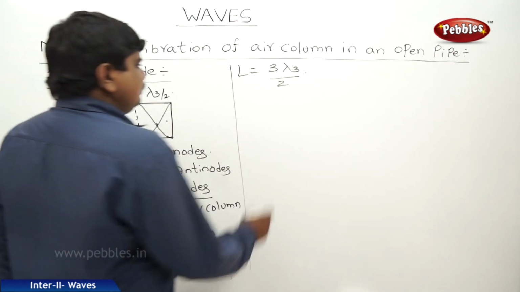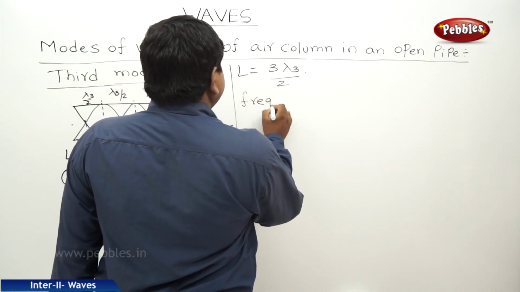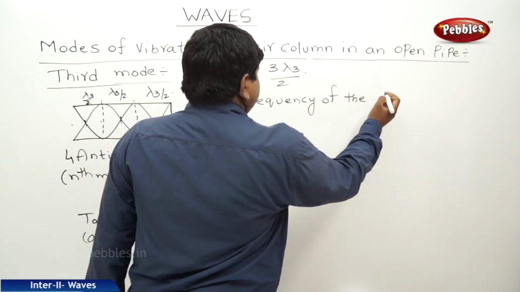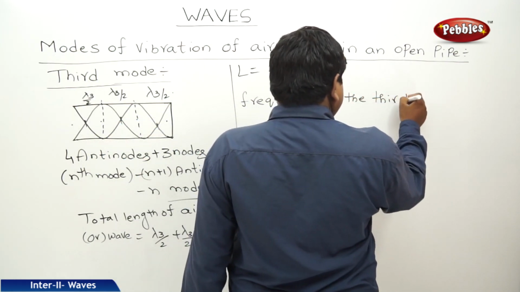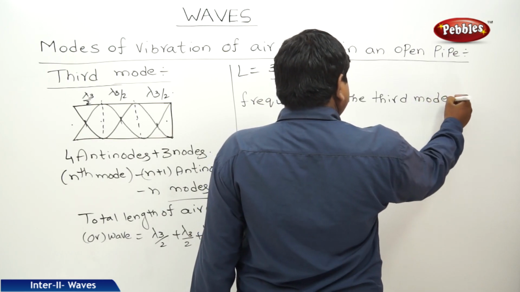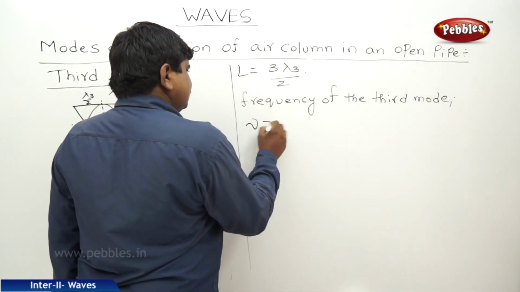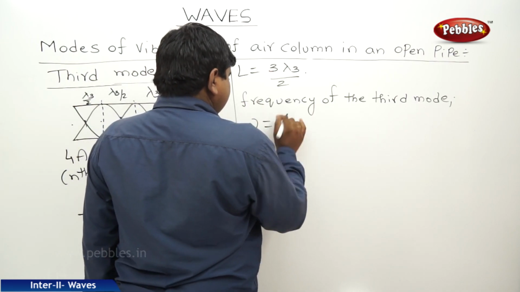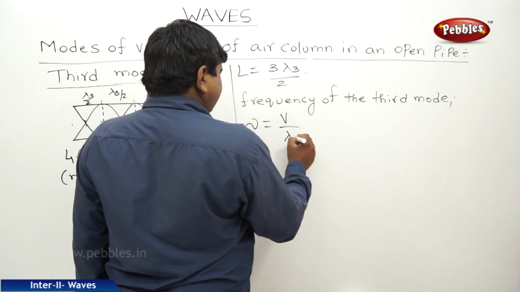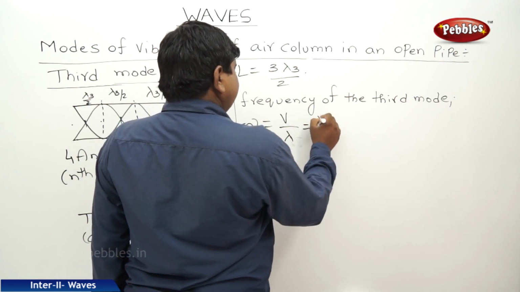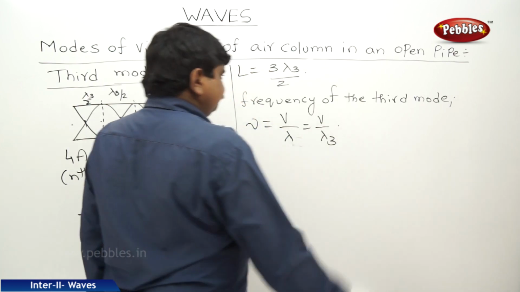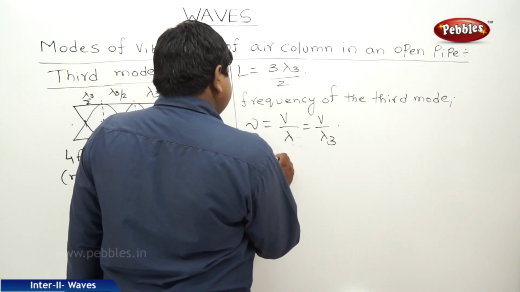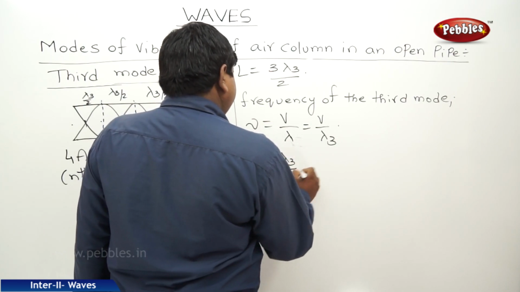Next, the frequency of the third mode. Nu is equal to V by lambda. This will be equal to V by lambda 3. So from this equation, L is equal to 3 lambda 3 by 2.